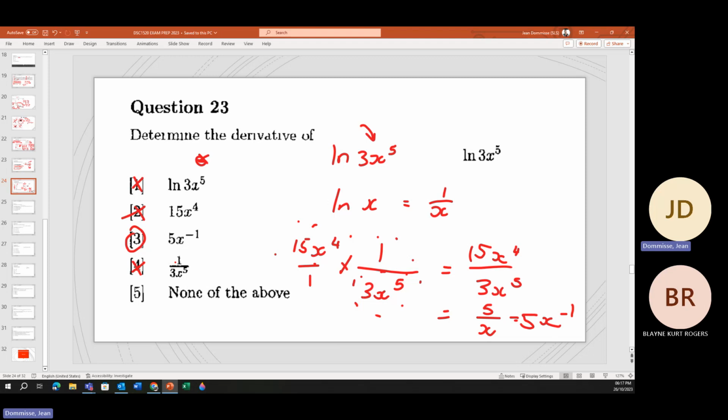So it is, and you said it's the product, the power rule, eh? There is first the power rule for the 3x to the power 5, and then we have to use the product rule.